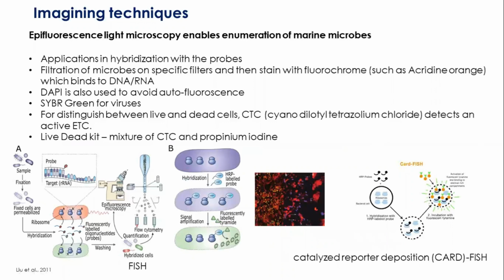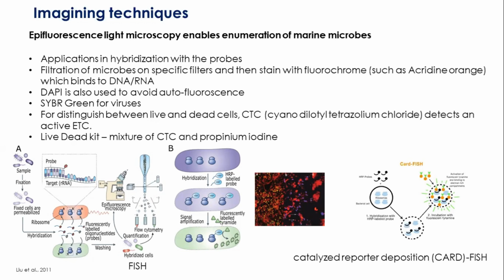Again, epifluorescent microscopy helps us to enumerate the marine microbes, right? Because how can it help? It can help when we have dyes which can bind to the DNA or the RNA. Now if the dyes enter the cell and bind to the DNA and RNA, we can look at those dyes under the epifluorescence microscope, right?